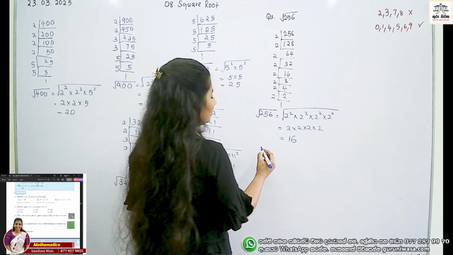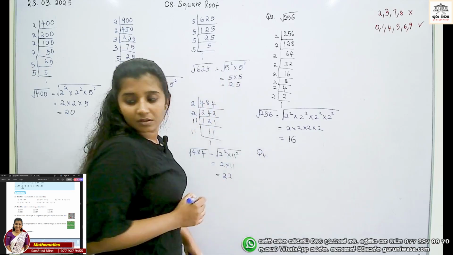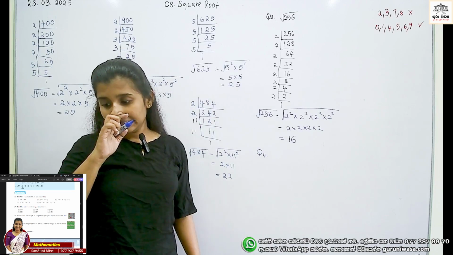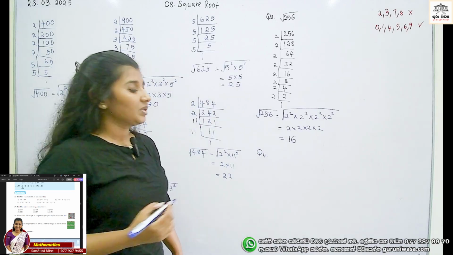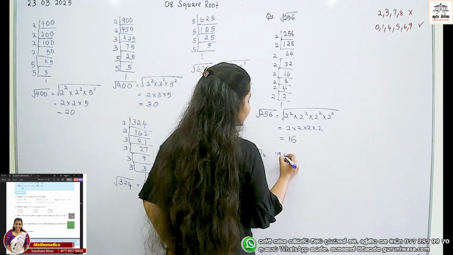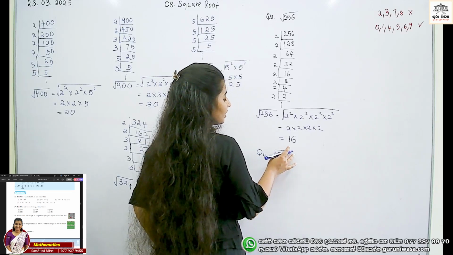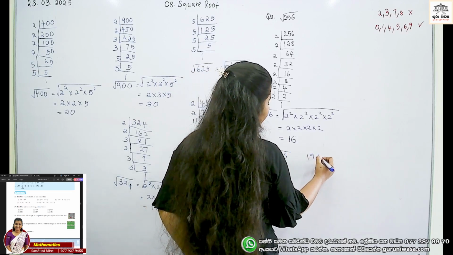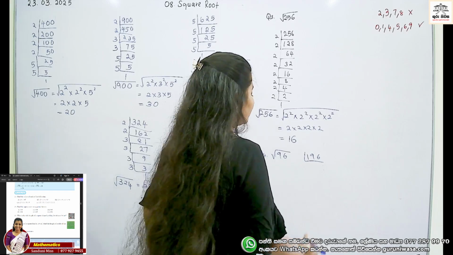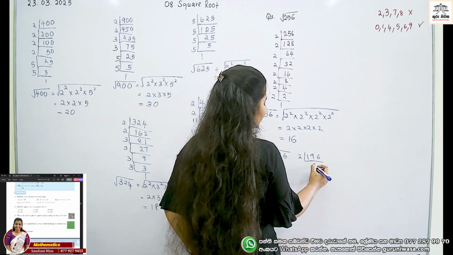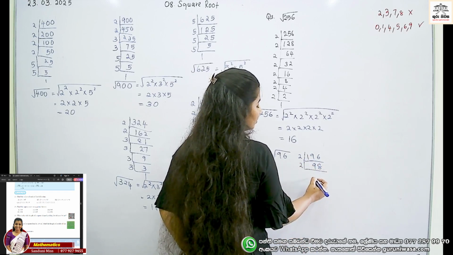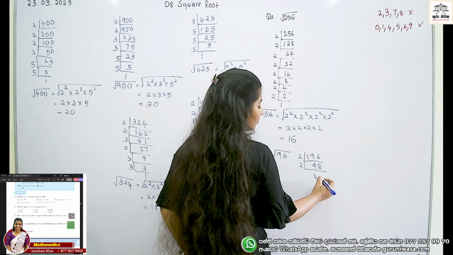Question number 4. The area of the square land is 196. Again, the same thing. 196 square root you need to find. So how do you find? 196, 98, divide by 2, 49.